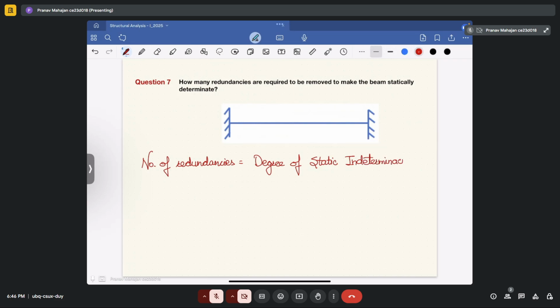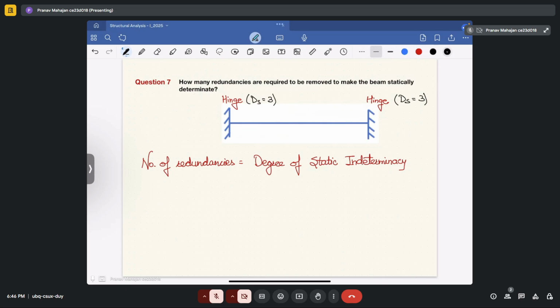Okay, so in this case you are having one hinge. So this is your hinge. This again is a hinge. In this case your degree of static indeterminacy is 3. Here also your degree of static indeterminacy is equal to 3.